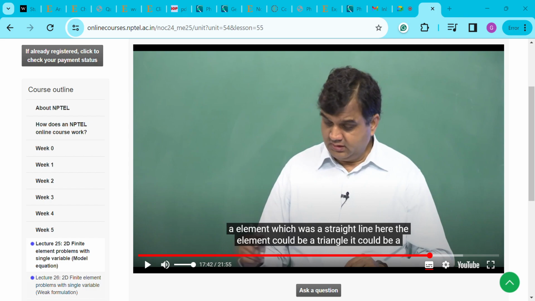We do make use of this. These things come into the picture when you apply boundary conditions.